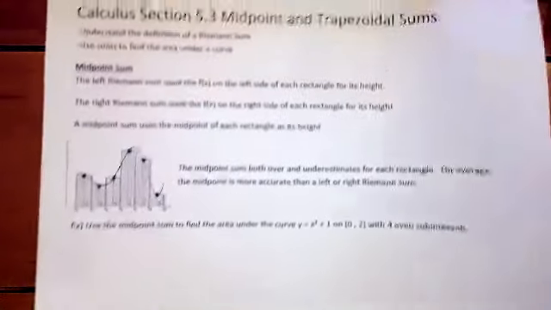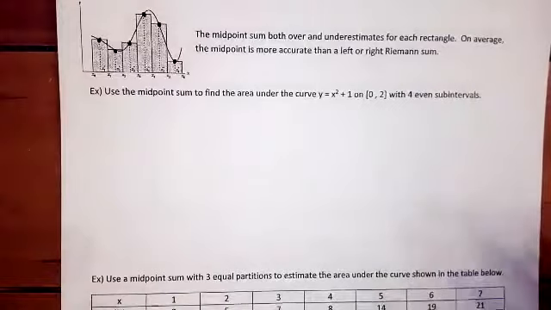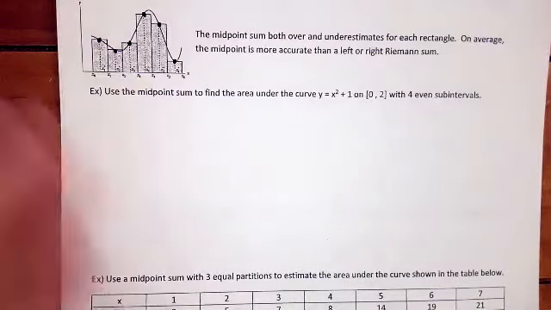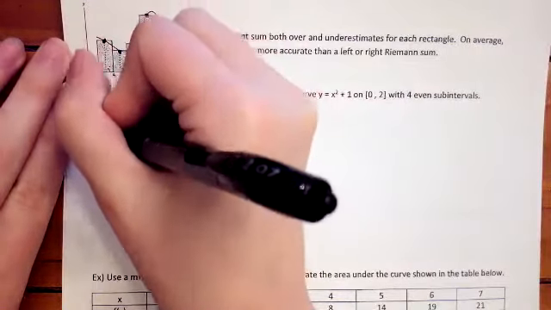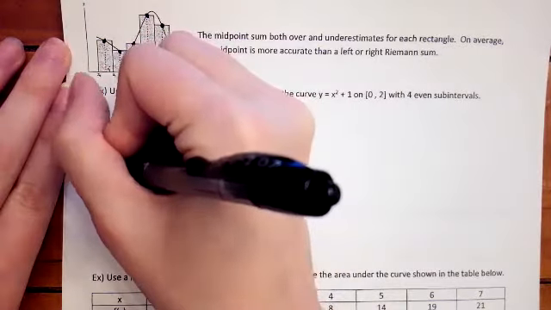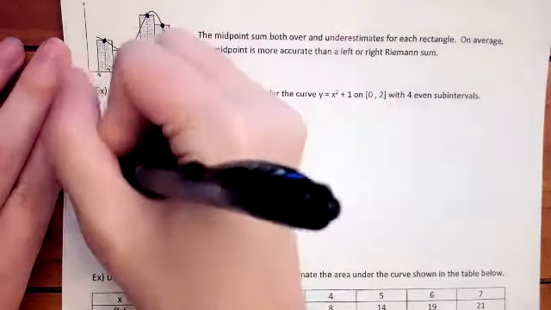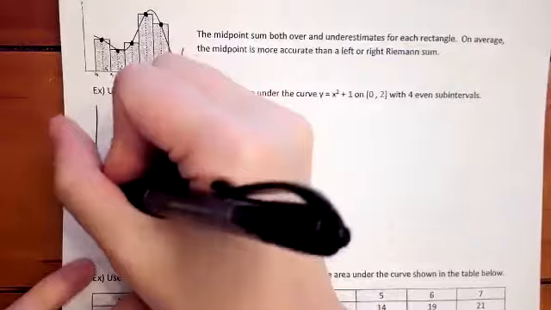And that midpoint is slightly more accurate than using our left or right endpoint. So for this first one, we are looking at the graph of x squared plus 1. Okay, so it's a parabola that has been moved up 1. And we're looking at it from 0 to 2.